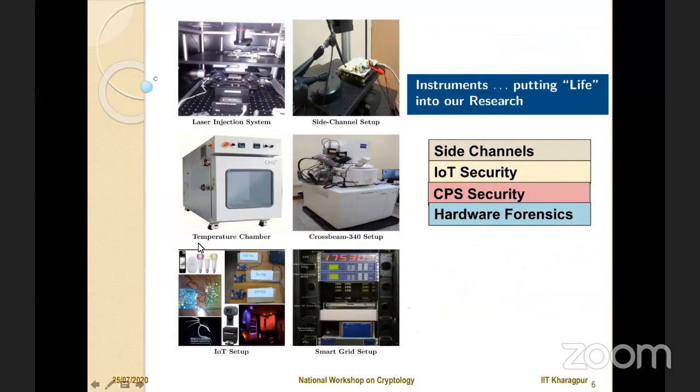Since our work also requires a lot of practical evaluations, like in side channel attacks, IoT security, cyber physical system security, and hardware forensics, we have a decent amount of experimental base for doing these kinds of experiments.